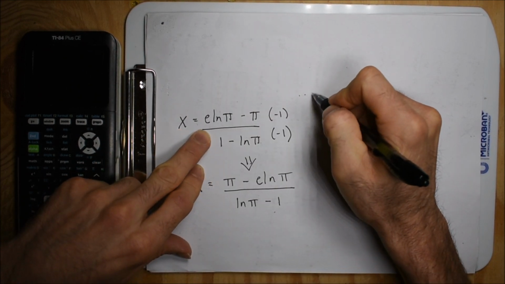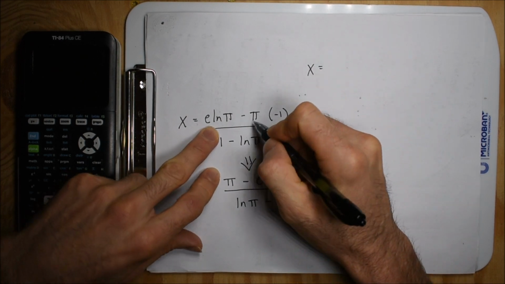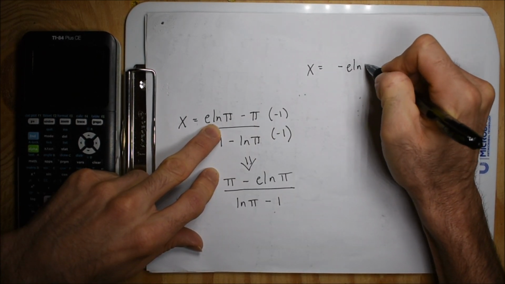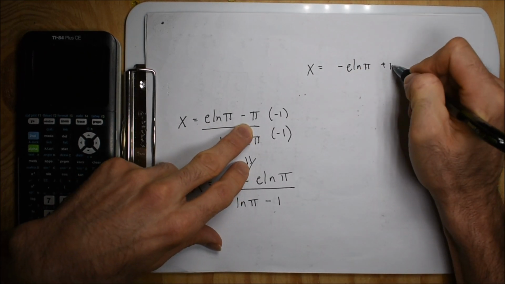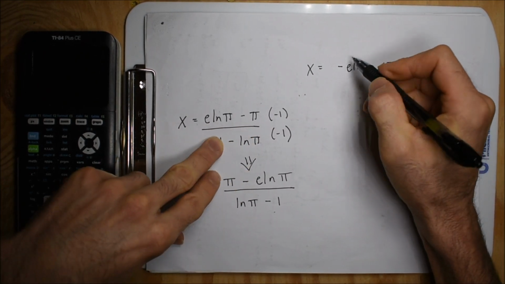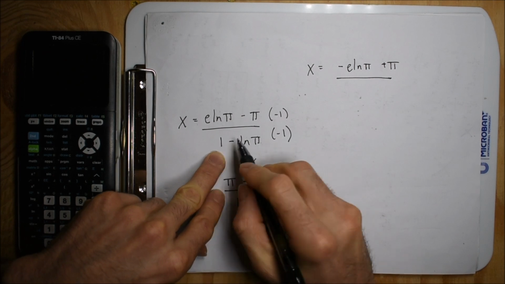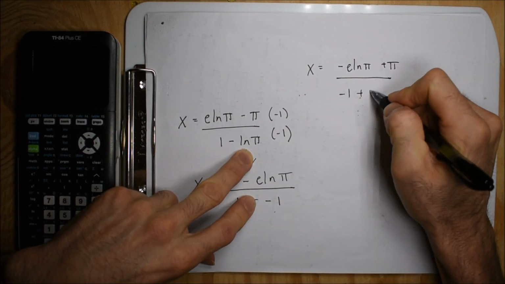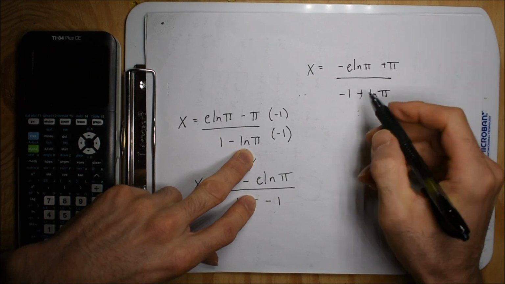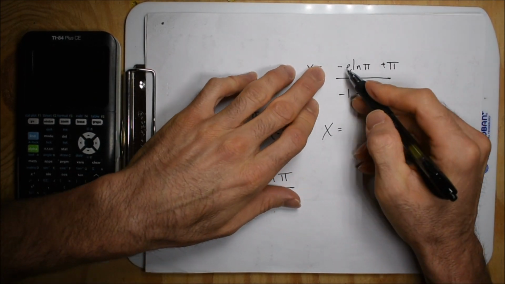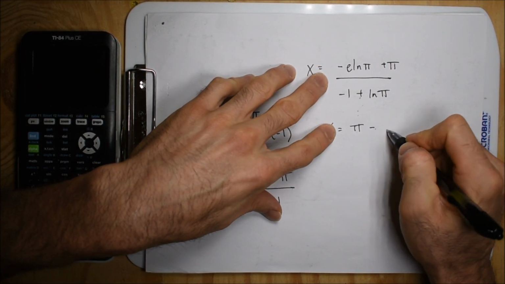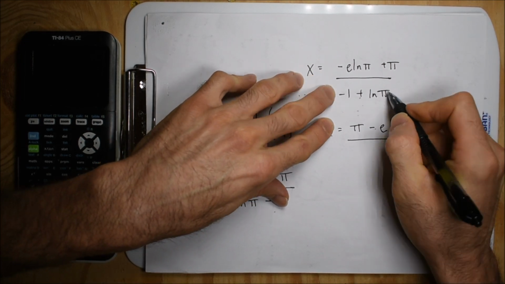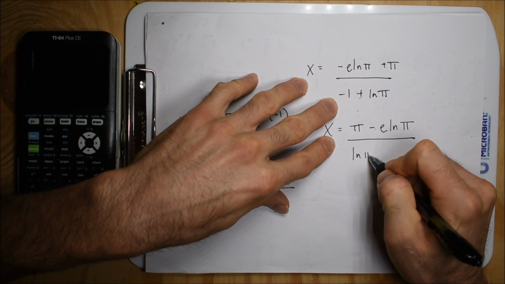So this is going to be negative e natural log of pi plus pi, divided by negative 1 plus natural log pi. Now you just take the pi over there, minus e natural log pi, divided by natural log pi minus 1.